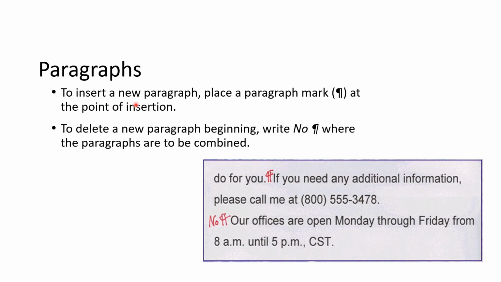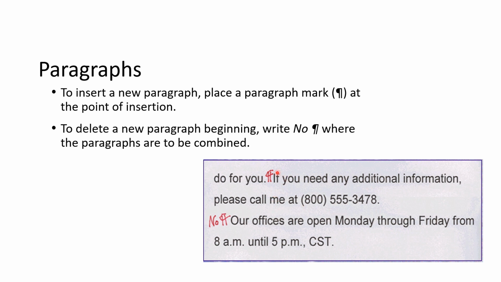To insert a new paragraph, place the paragraph mark, okay, at the point of insertion. To delete a new paragraph beginning, write no paragraph where the paragraphs are to be combined. So for example, okay, you think that this sentence should be the beginning of a new paragraph.